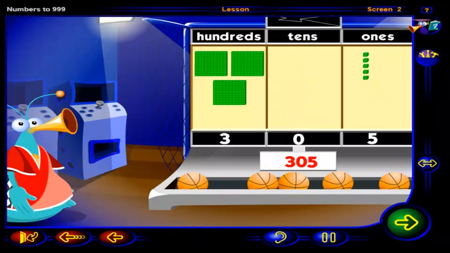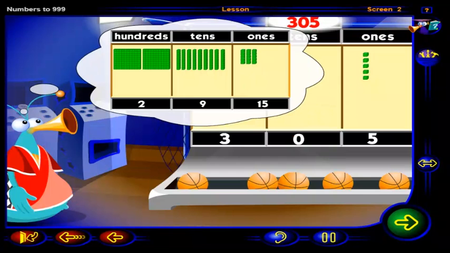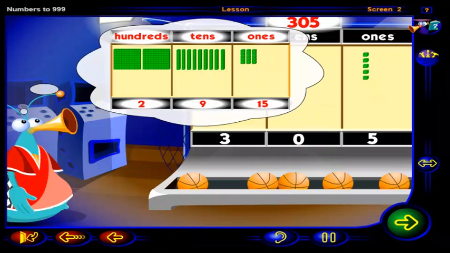So you scored 305 points altogether. And this is the same as the score you started out with. 2 hundreds, 9 tens, and 15 ones.